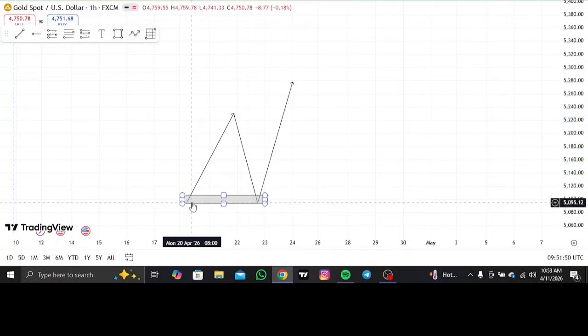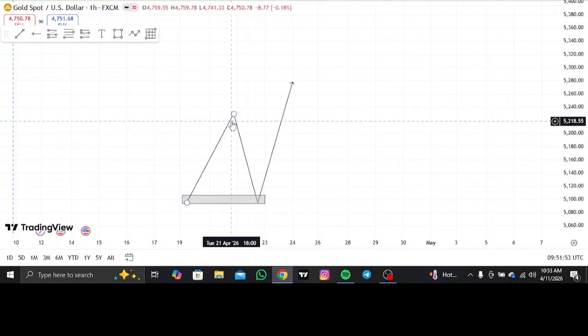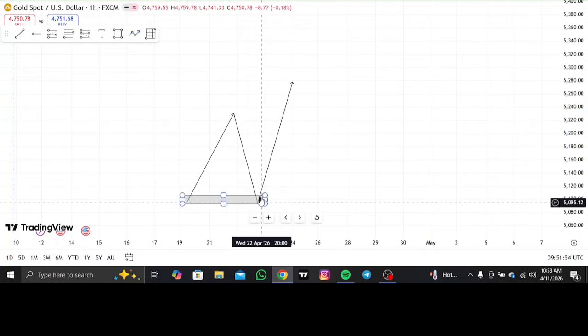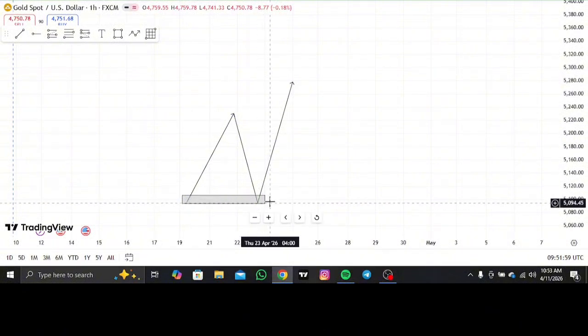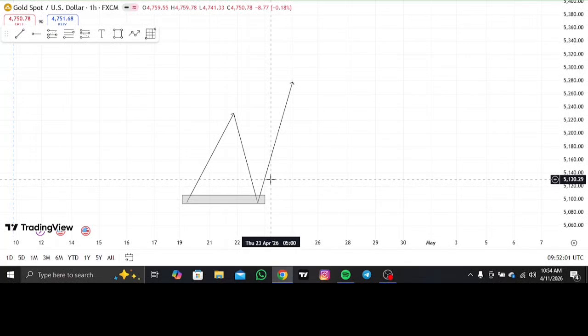So this zone where the buyers stepped in, moved up here, came down again, and then moved up here, another one, is called your demand zone, because price is going to gain more momentum to the bullish side. Now that is basically to explain what a demand zone is.